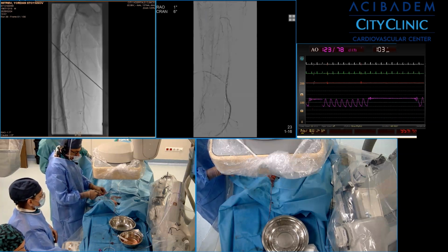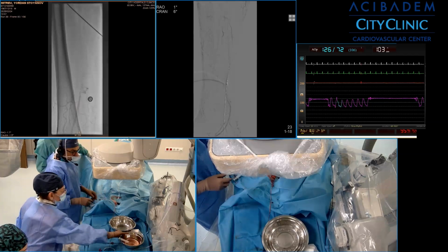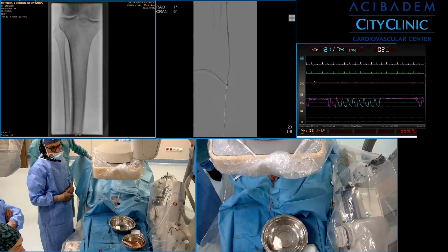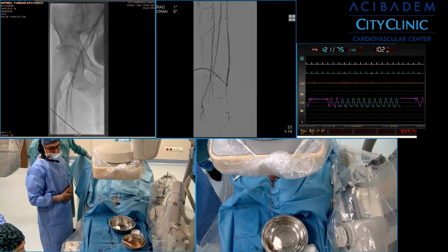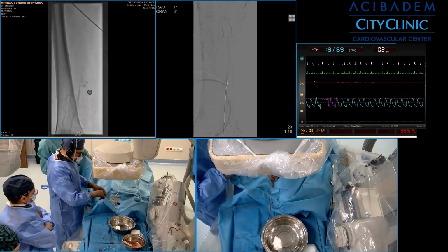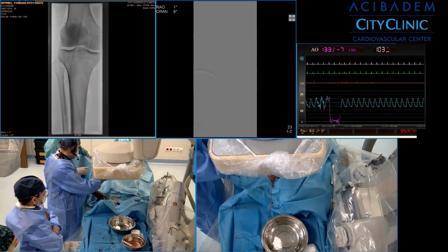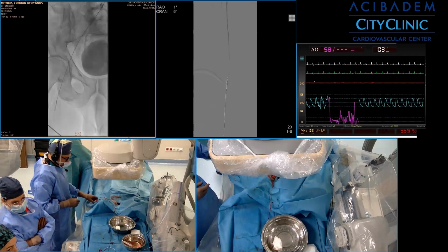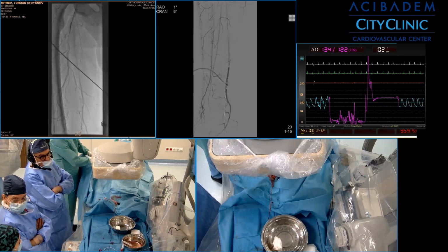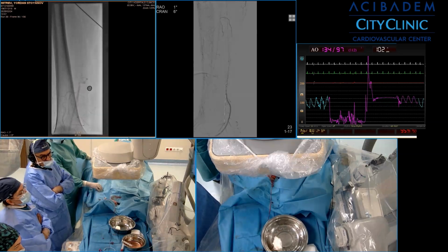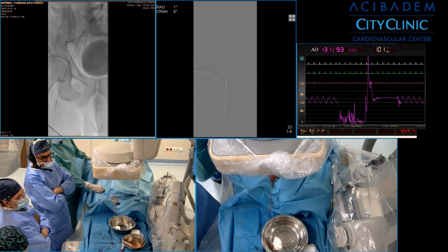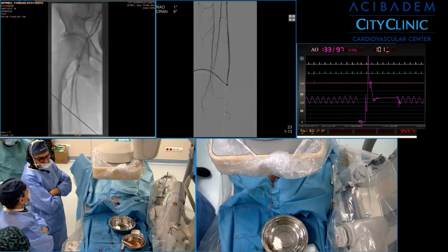We'll flush, and now after flushing, this is the pressure from the posterior tibial, but it's obvious that in fact the flow is very, very fast, and I don't expect a big difference. And now in the iliac. Yeah, and this is the iliac. Very convincing result.